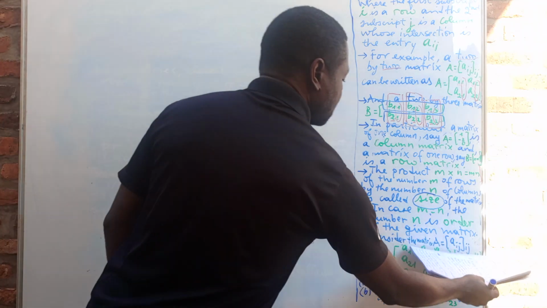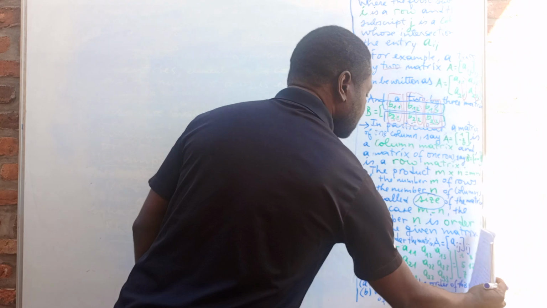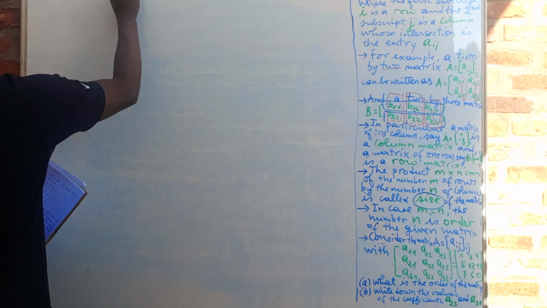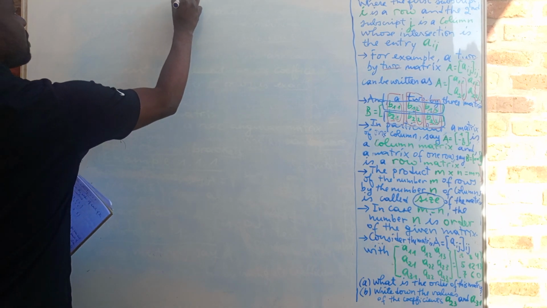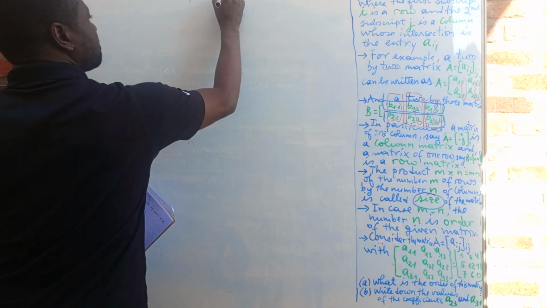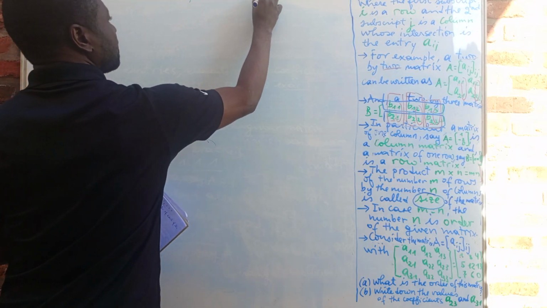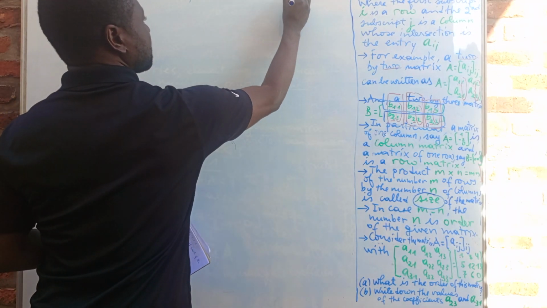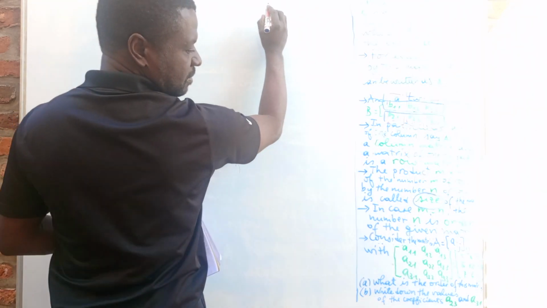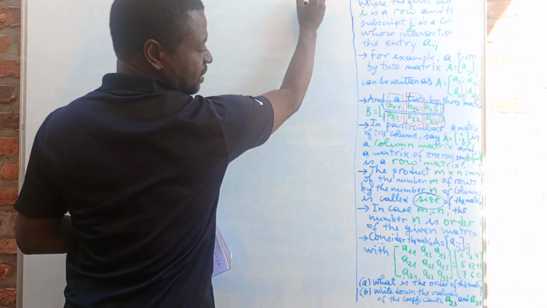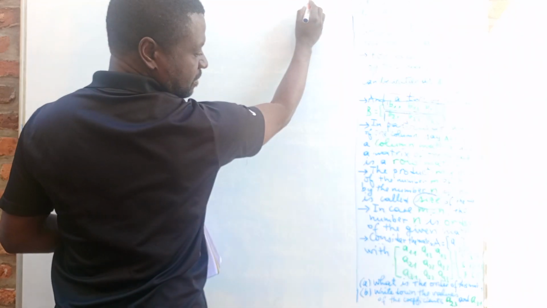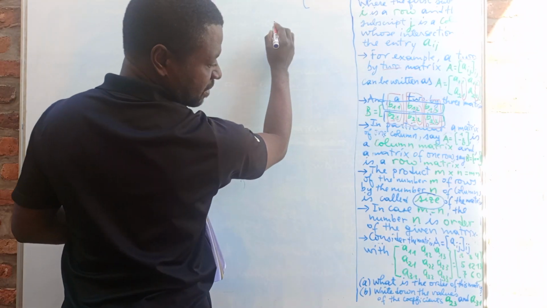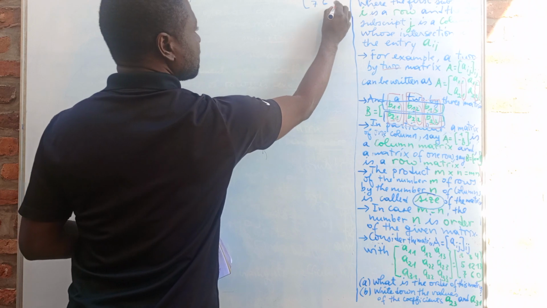The number of rows is 3, the number of columns is 3, which means that the order of this matrix is... here is the matrix, it is actually A, which is equal to 1, 3, 4, 5, 12, 13, and 7, 6, 0.